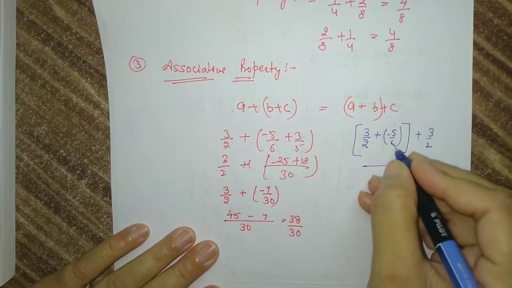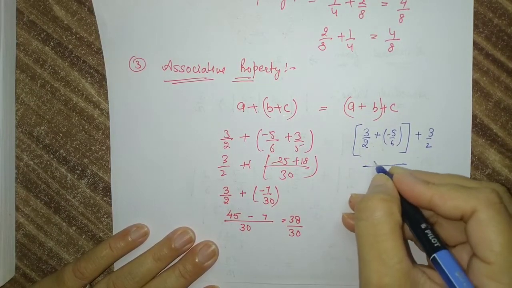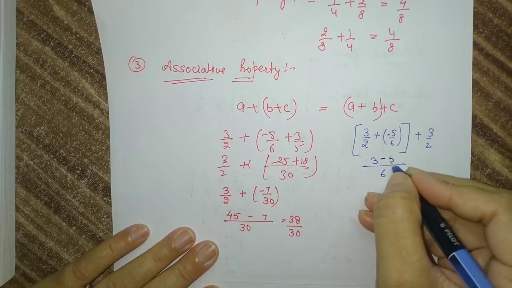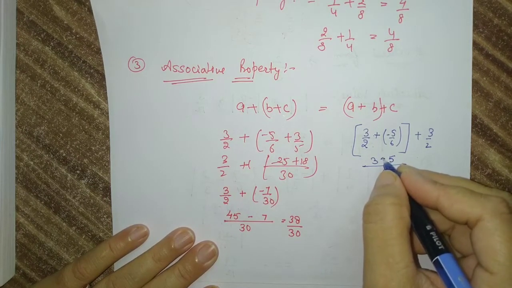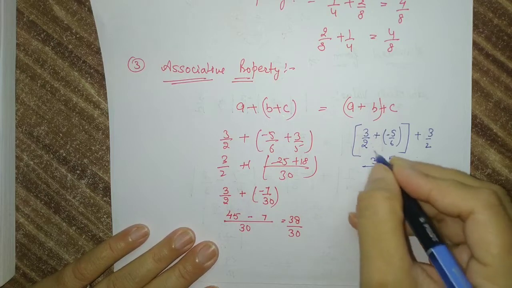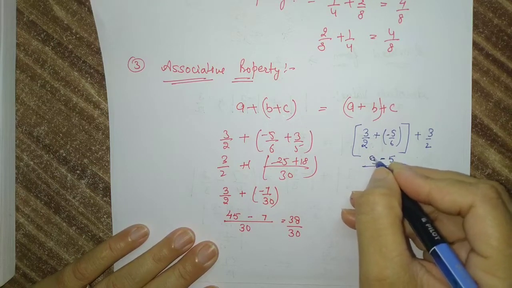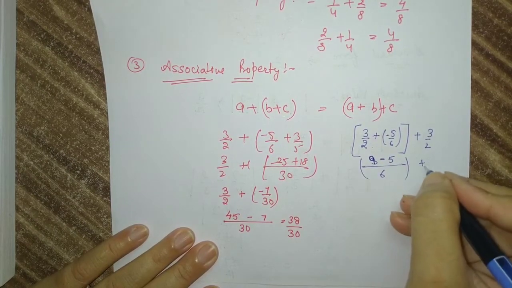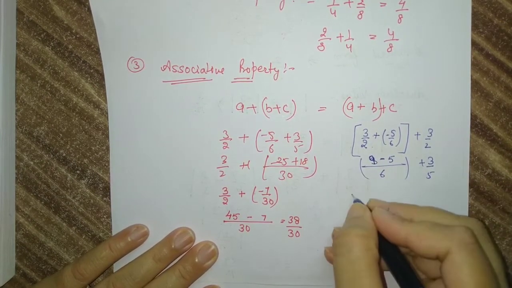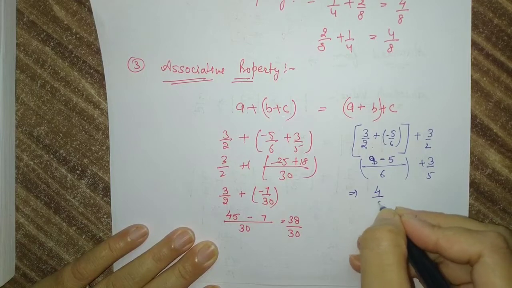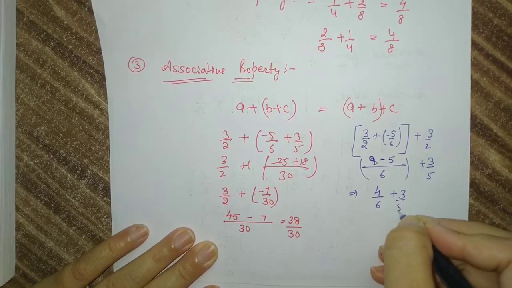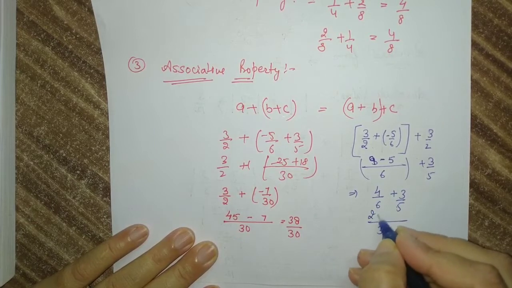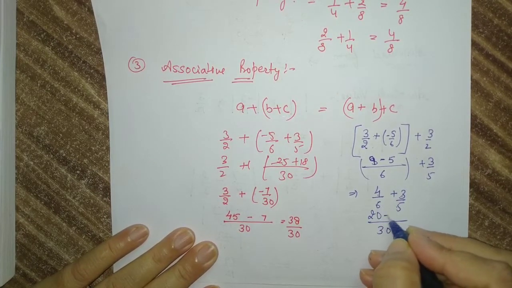Now the LCM is 6, 3 plus minus 5. 2 3s are 6, then 3 3s are 9, and then we have to add 3 by 5. From here we get 4 by 6 plus 3 by 5. LCM 30. 5 4s are 20, 6 3s are 18.